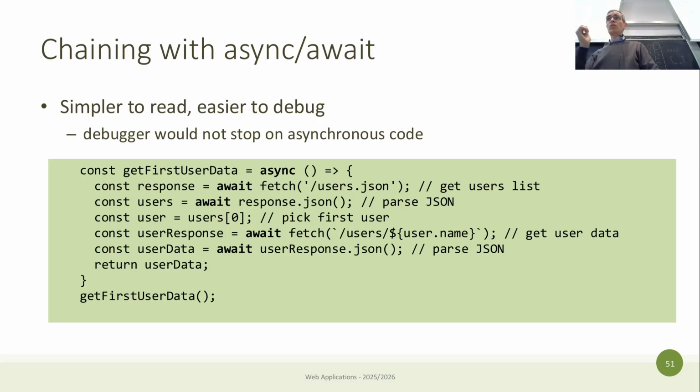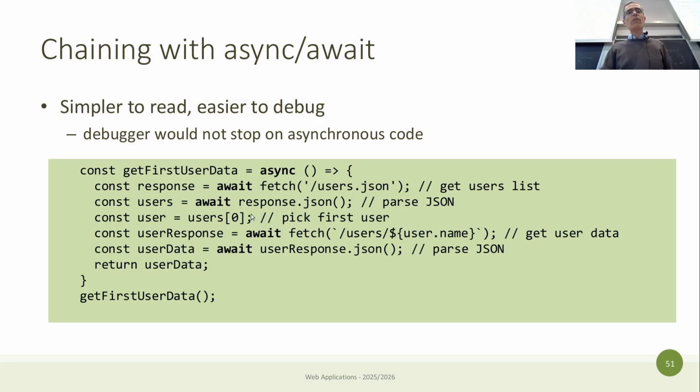If you get a JSON response from the server, you can parse this JSON, and this JSON method has been implemented inside the browsers as an asynchronous function. So again, it will return a promise, and you need to await to get the actual result of the parsing, so to get an actual object you can work on, okay?